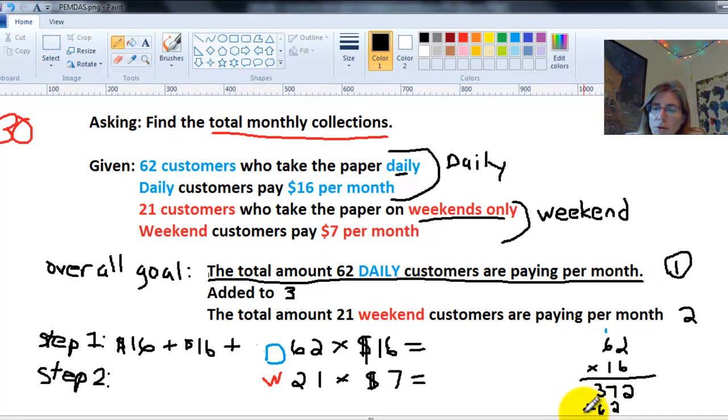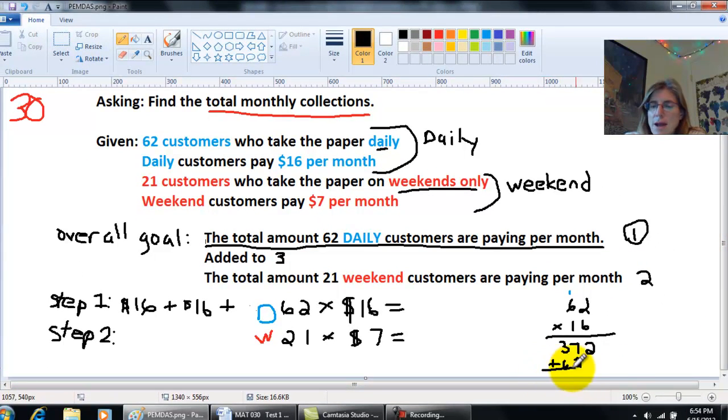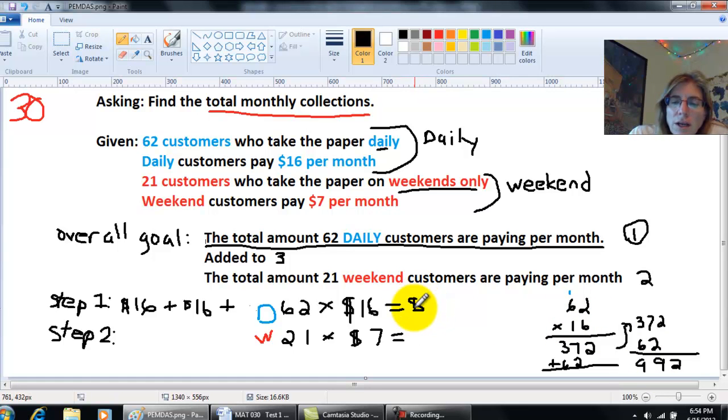Now, of course, we're going to follow our protocol when we add, and I just kind of lost room here, so I'm adding on the bottom 372 plus 62, which is 992. 2 plus 0 is 2, 7 plus 2 is 9, 3 plus 6 is 9. So the ultimate answer to 62 times 16 is $992. That's a pretty good collection from those 62 customers.